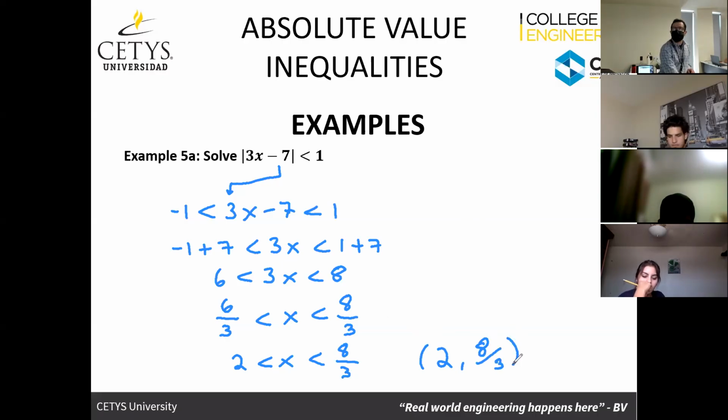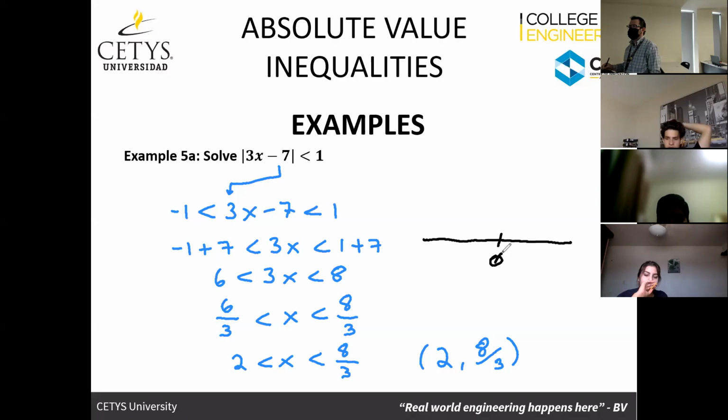And if we represent that on the number line, I'm going to be doing the number lines just so we identify again how the less than and the greater than absolute value inequalities look. So there's going to be a 2 here and an 8/3 here. The solution is going to be open interval here, open interval here, and it's going to be all the numbers in between these two.